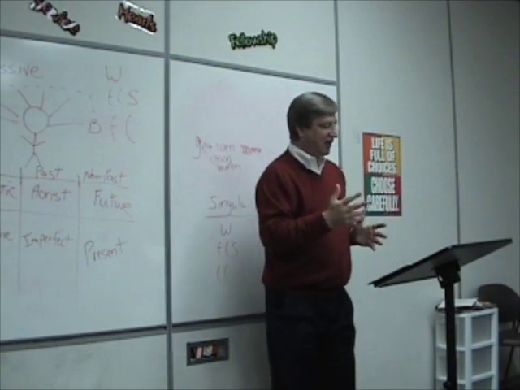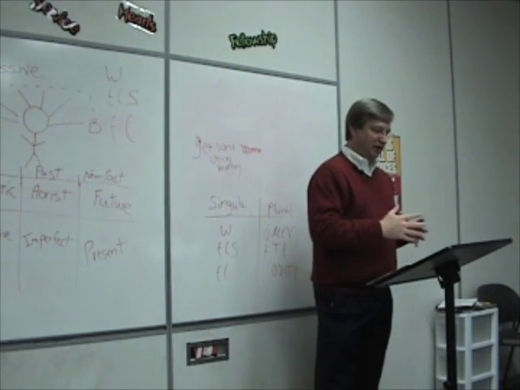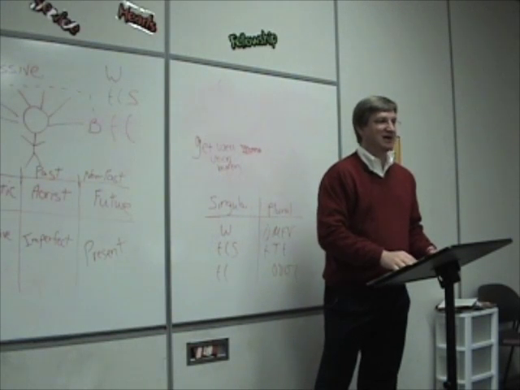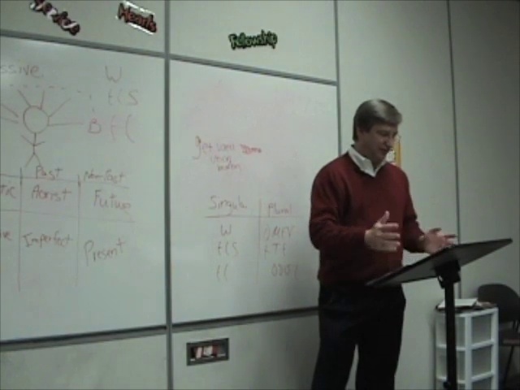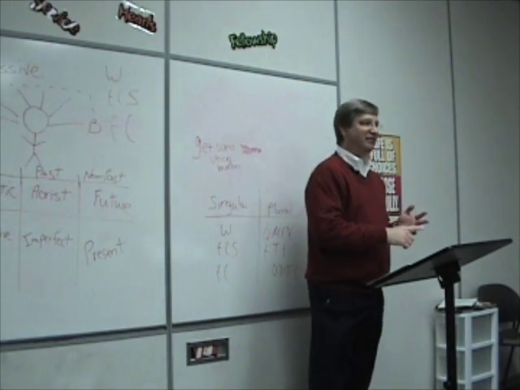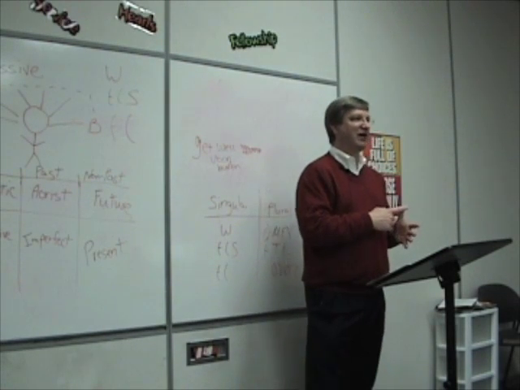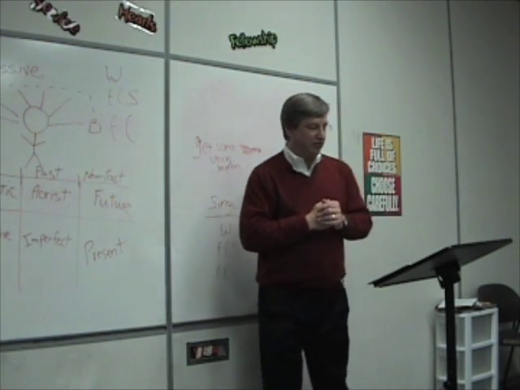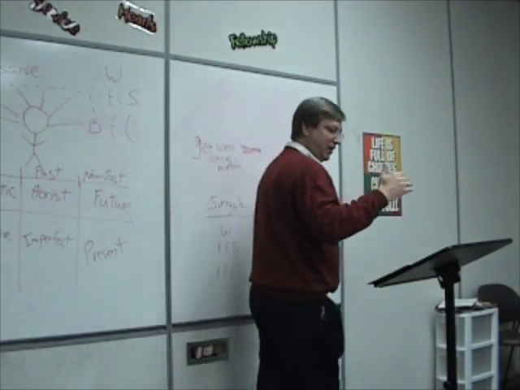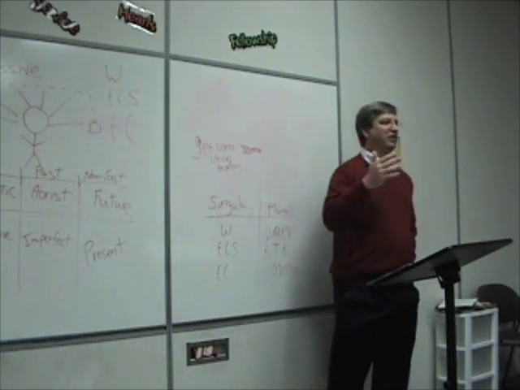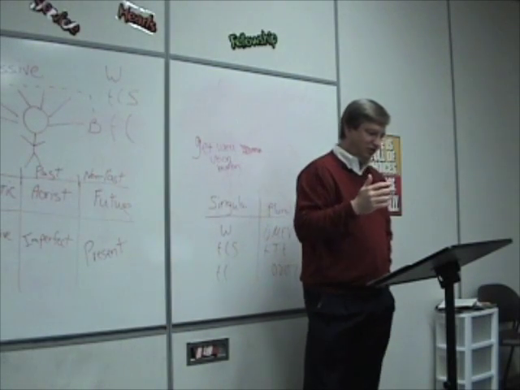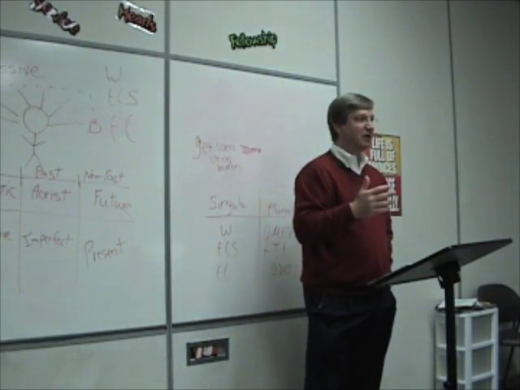If we use case to mean form, we can count these 5 cases. Let me run through them again. There is the nominative, the genitive, the dative, the accusative, and the vocative. I'm going to give you the description of the way each is used, and I ask you to write it down on your handout. The nominative is used as a subject.